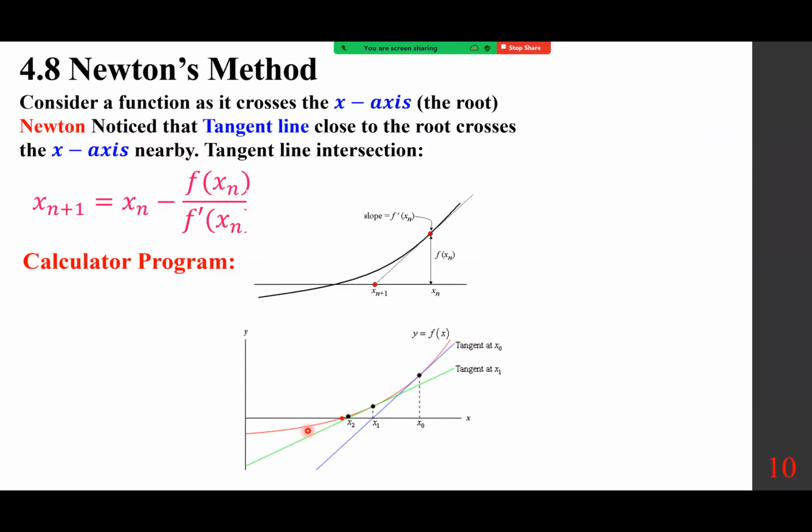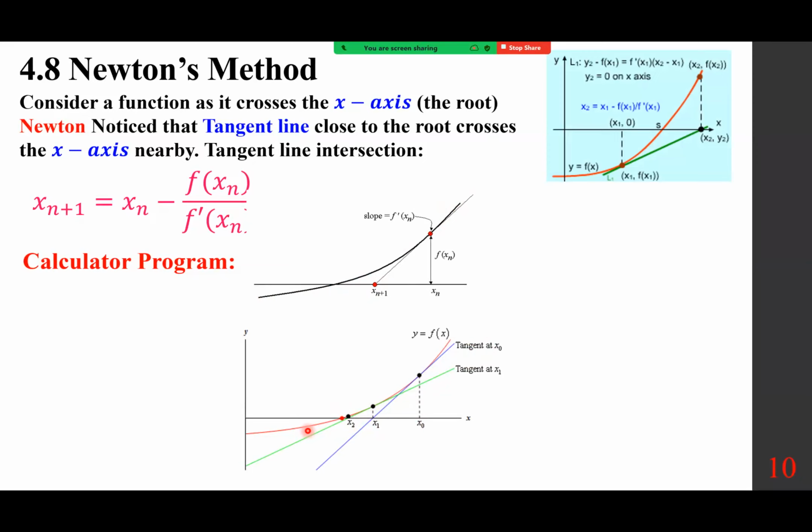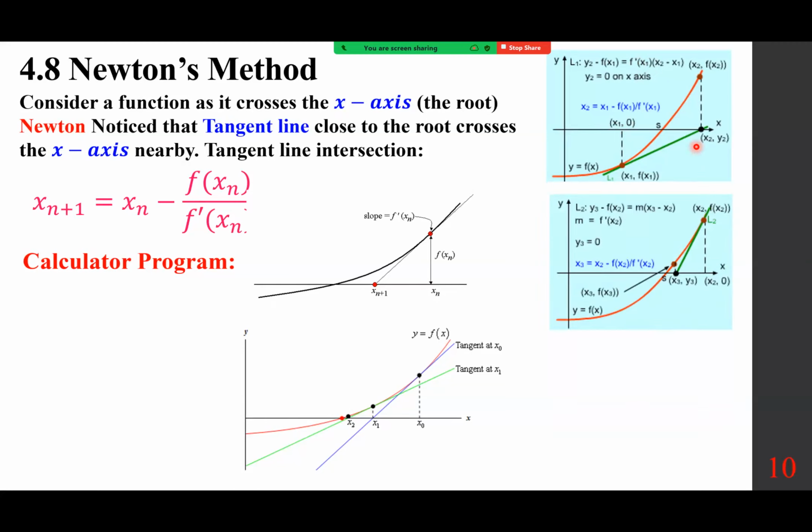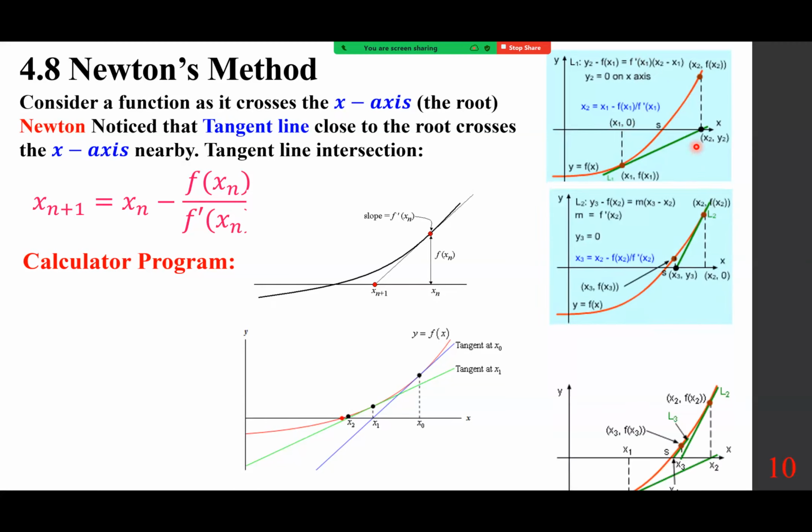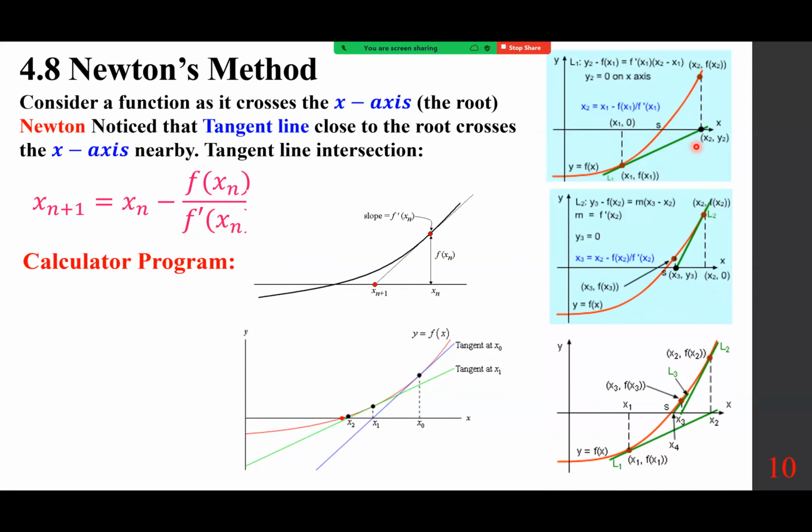That's the illustration, which really tells us we are using the equation of a tangent line using the point-slope form, y minus y1 equals m times x minus x sub 1. So you have a point x sub 1, you draw a tangent line and it gives you x sub 2, and you keep on doing that, and you get closer and closer to the actual root.